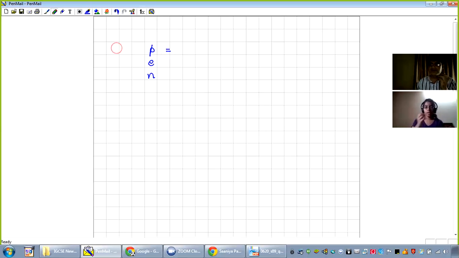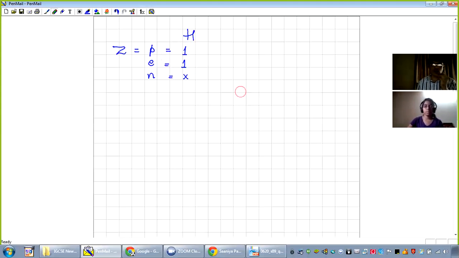The symbol of atomic number is Z. So Z is the symbol of atomic number, which is simply equal to the number of protons. So for hydrogen, the atomic number is 1 because there is one proton, so there is going to be one electron and there are no neutrons.